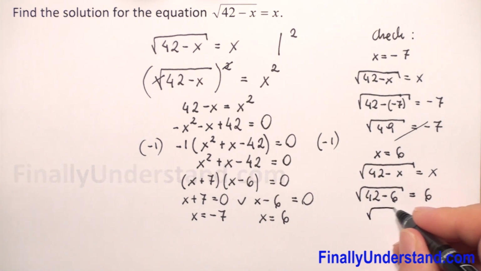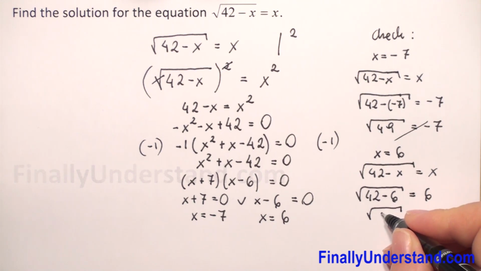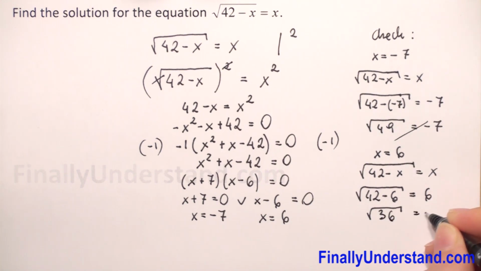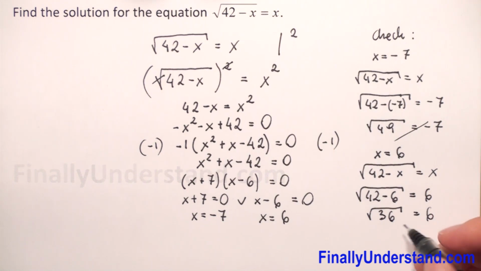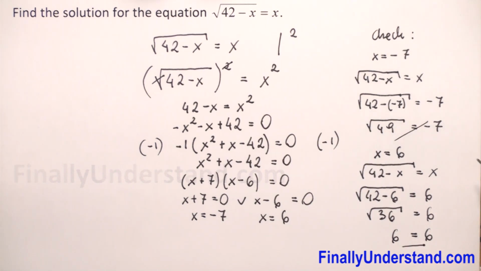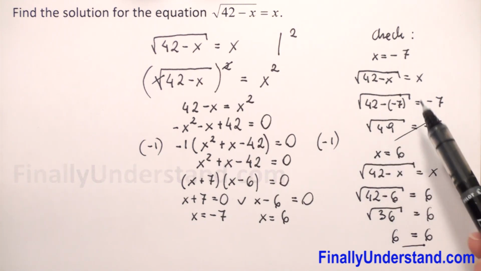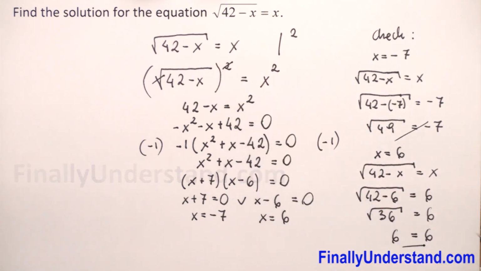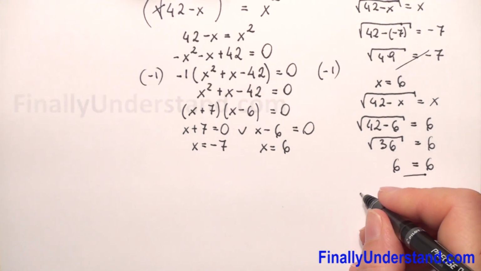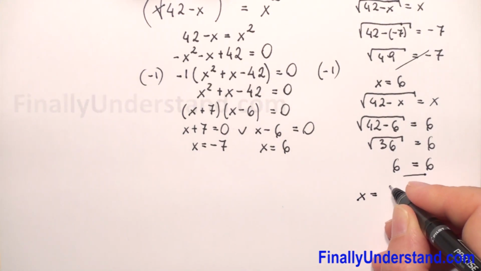So we have square root of 42 minus 6, this is 36, is equal to 6. Yes, square root of 36 is 6. 6 is equal to 6 is true. So our solution for the given equation is only x equals 6.